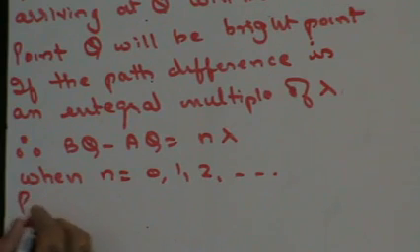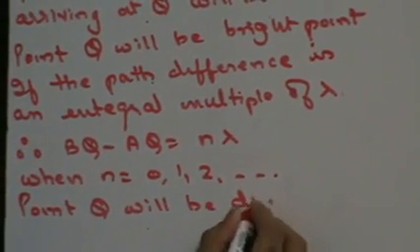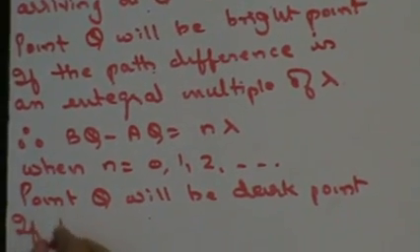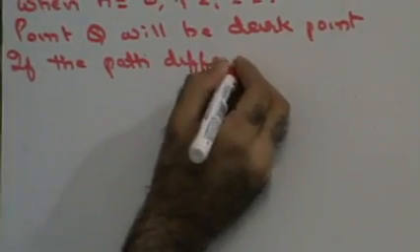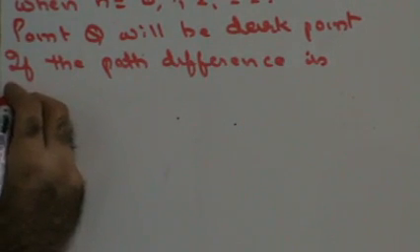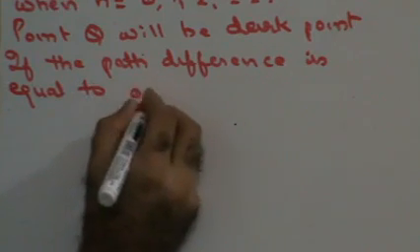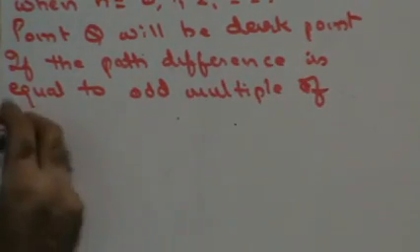Point Q will be dark if the path difference is equal to an odd multiple of half wavelength.